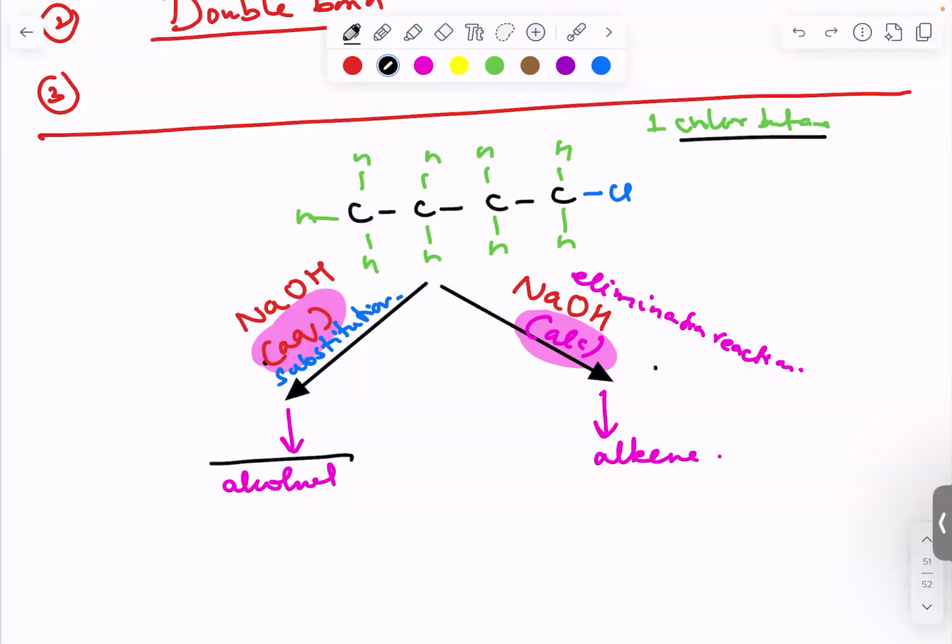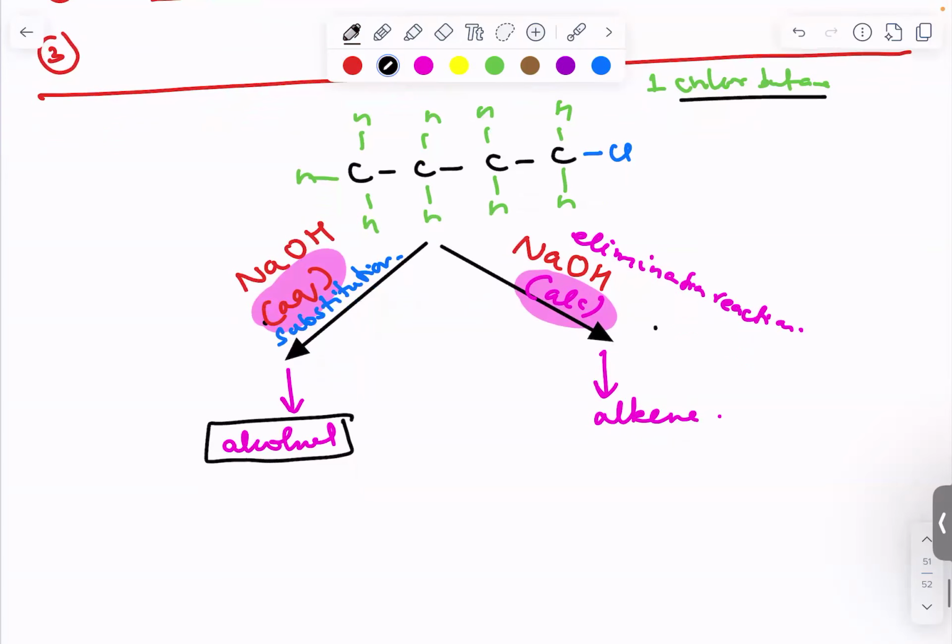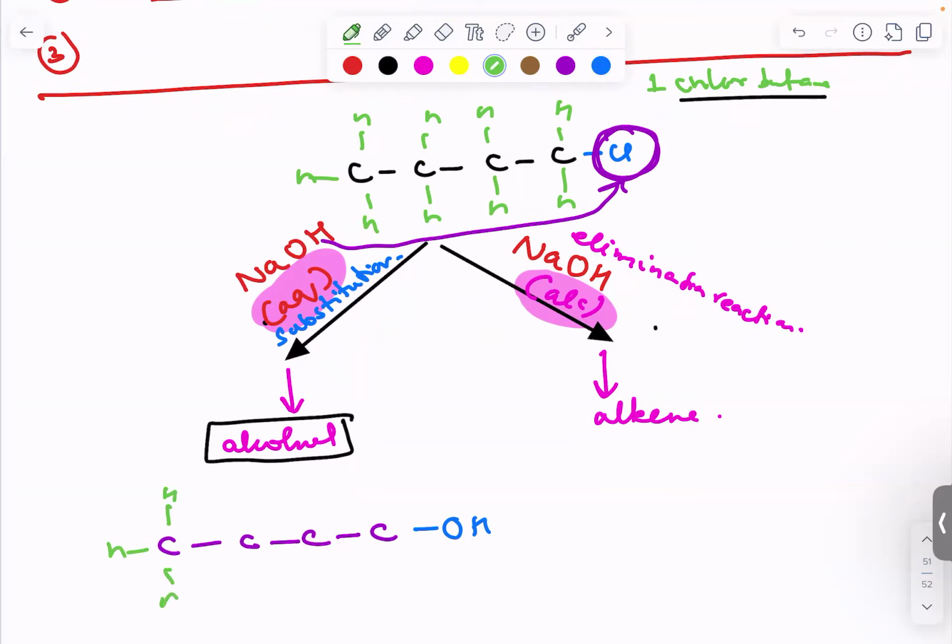No, butanol. Alcohol means that this chlorine will be replaced by OH. All right. So I am going to get 1, 2, 3, 4, and the Cl will be replaced by OH. This is.